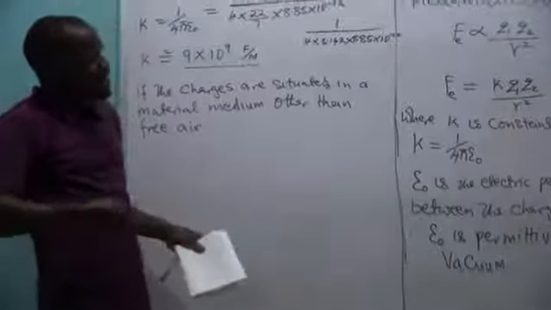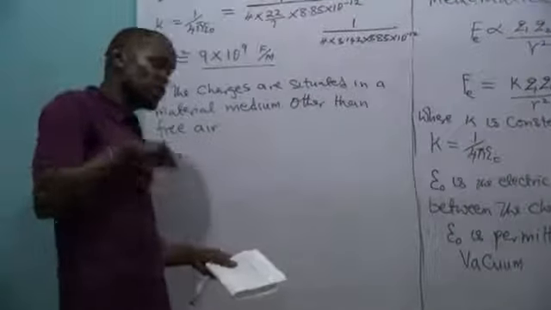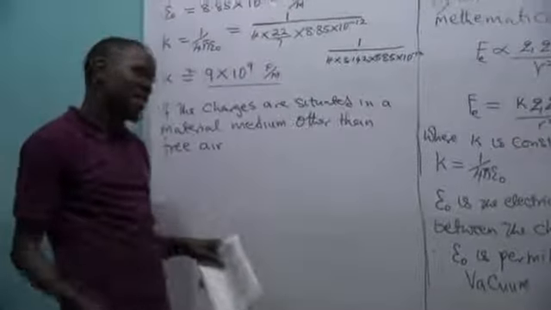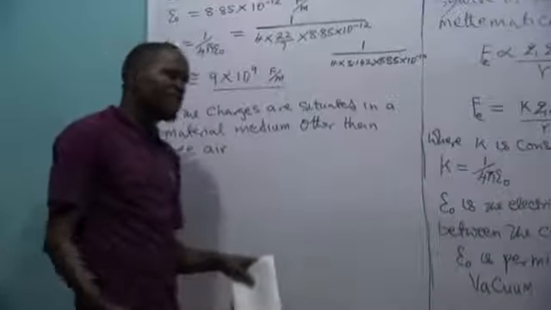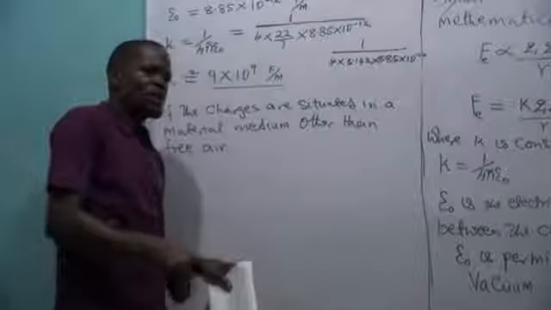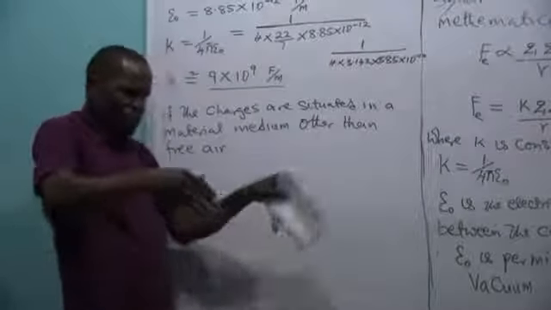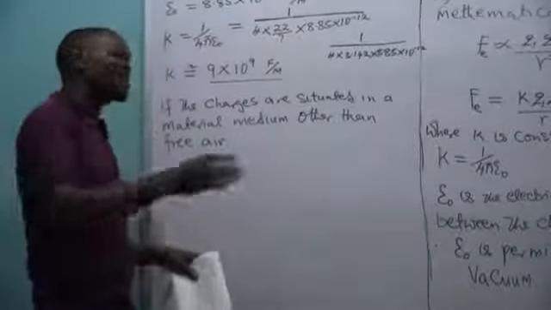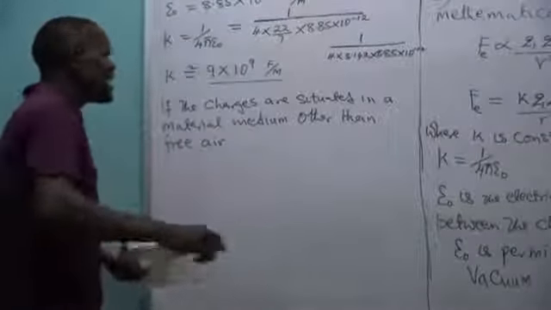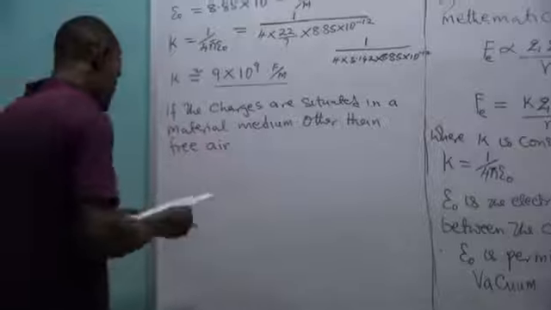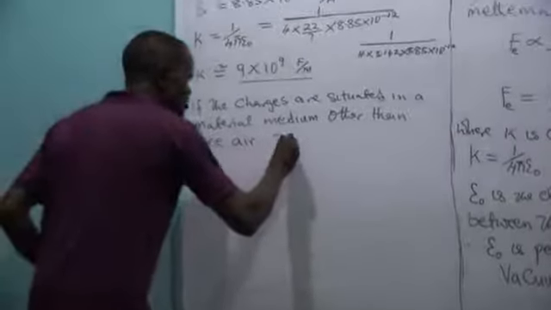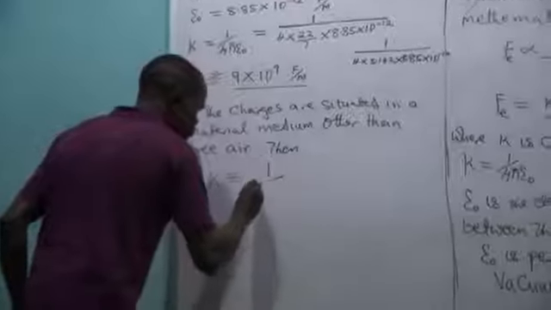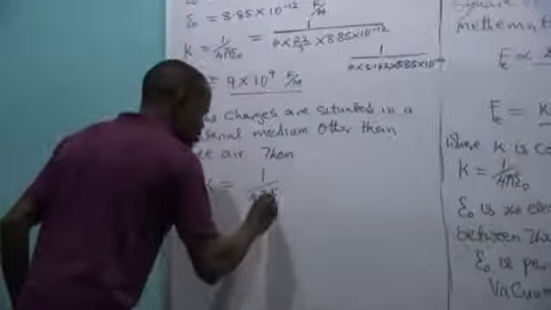That means the charges are no more in air; they are performing inside the oil. What if I take them inside a river or water, a basin or a pool of water, and keep this charge inside it? How do they attract or repel? So in that case, K will be equal to 1 all over 4 pi epsilon.